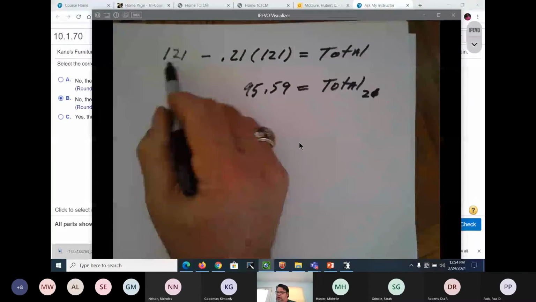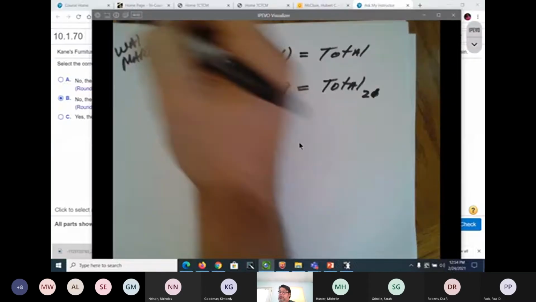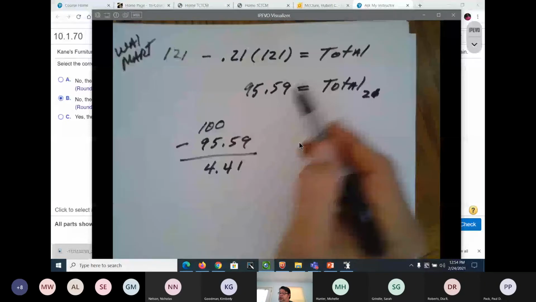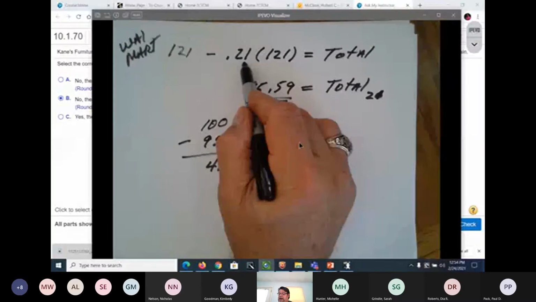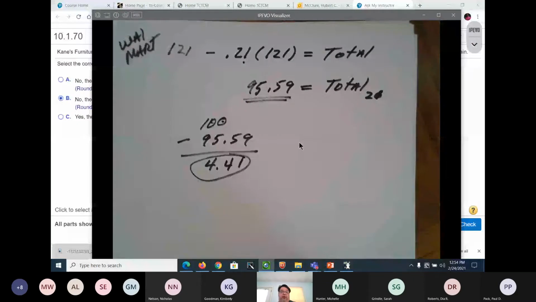Plug in the Walmart equation here. 121 minus 21 gives you the total that you're going to pay at 21% off. They got it down to 100, you minus the two, and that tells you the difference. So they're ripping you off by $4. Because you're supposed to pay $95 or $96 and you're paying 100.